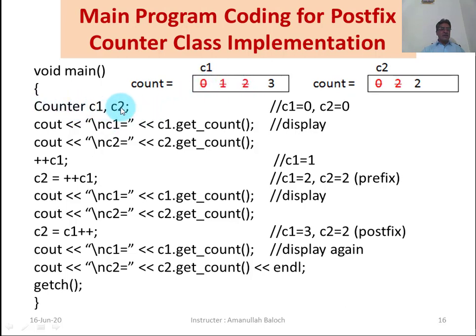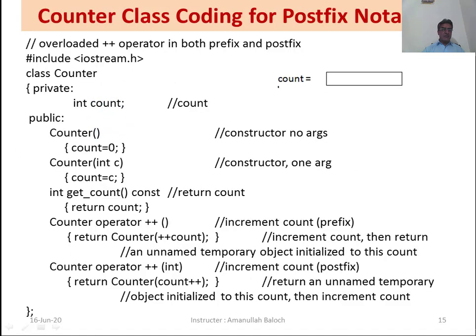In response to C1 and C2, the counter class will assign the value of count to C1 and C2, and because C1 and C2 contain no value, the no-argument constructor will be called for C1 and C2, and it will assign the value 0 to count of C1 and the value 0 to count of C2.